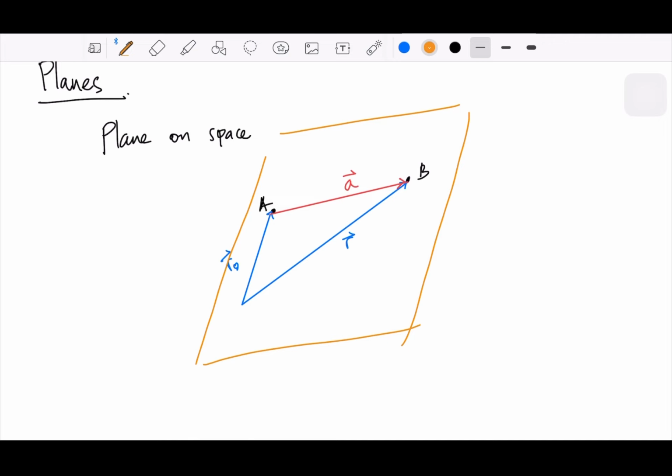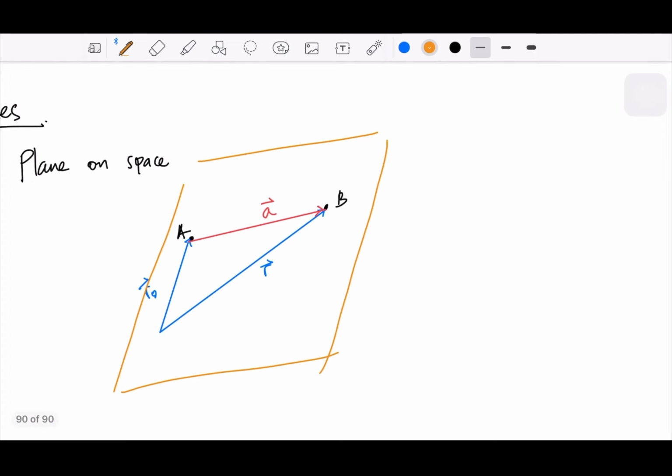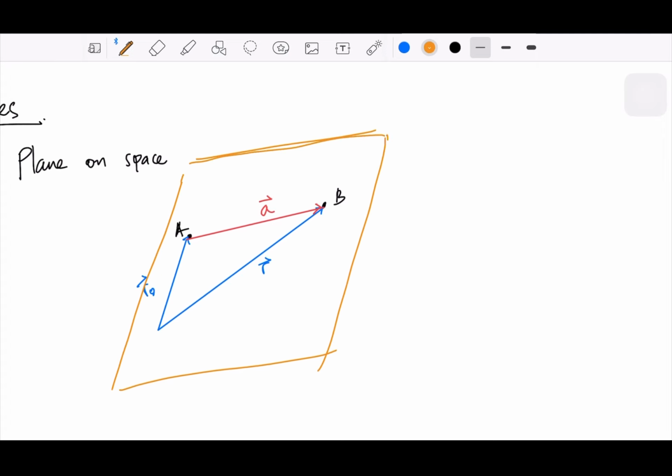But if, for example, we have another vector that is perpendicular to the plane, we can define this vector as n.